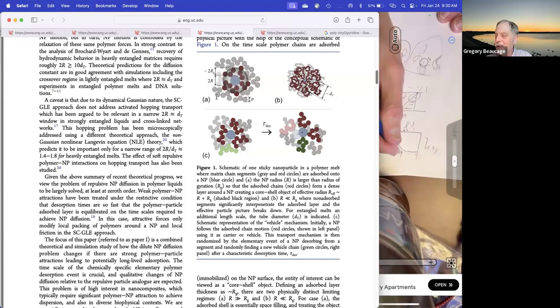And 1 over that gamma dot gives you a viscoelastic time scale for the thing. So there's that time. There's the time that these little particles are.